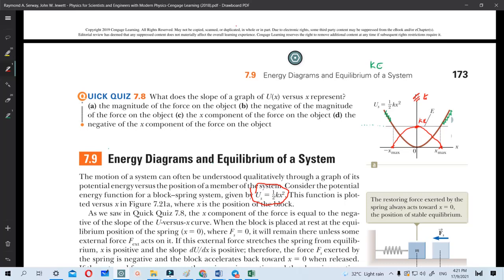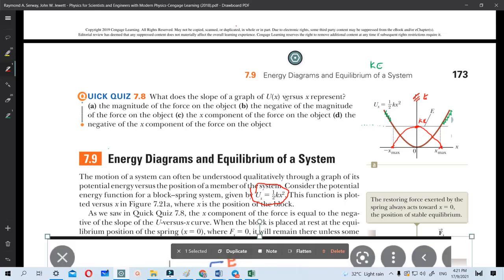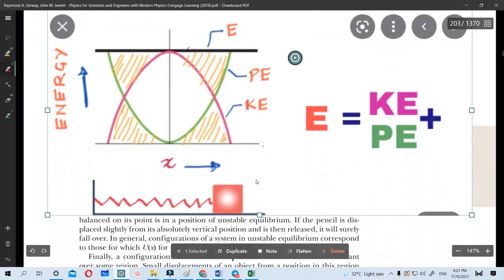Alright, let's compare with something from online. Okay, so this is the maximum compression. This is the total energy. We find that at this location, at compression, the energy is totally in the form of potential energy, while when it is at zero, with no compression, the energy is in the form of kinetic energy.